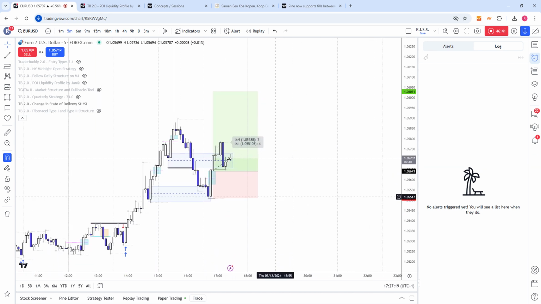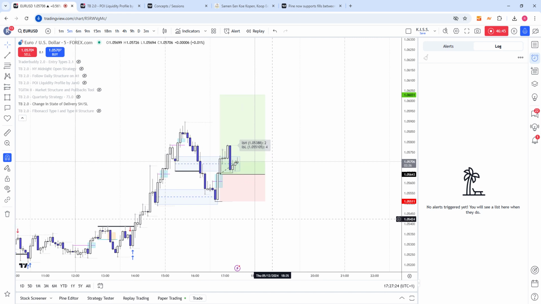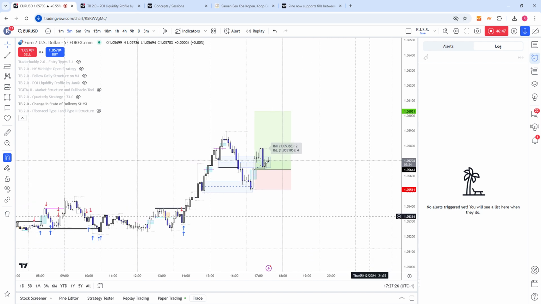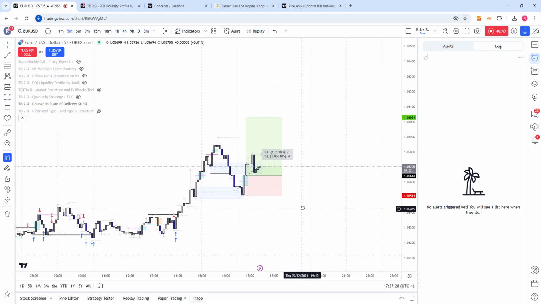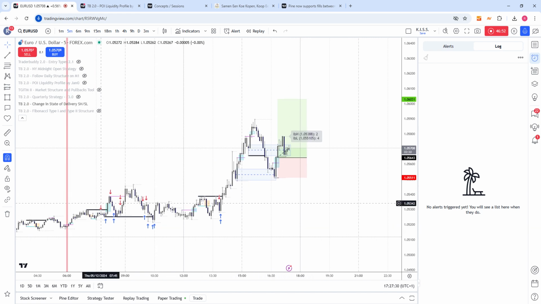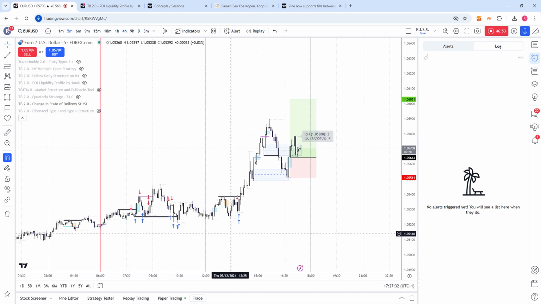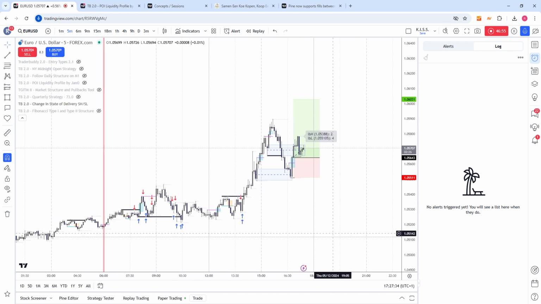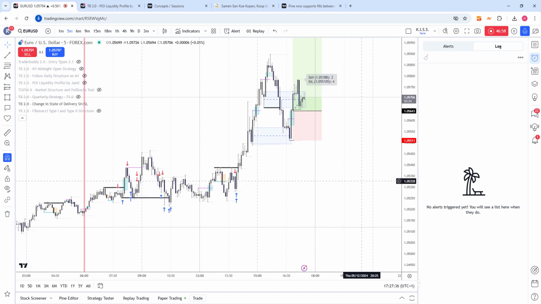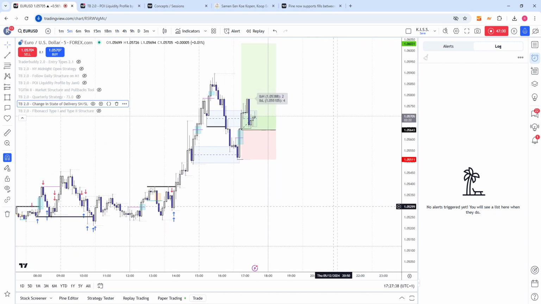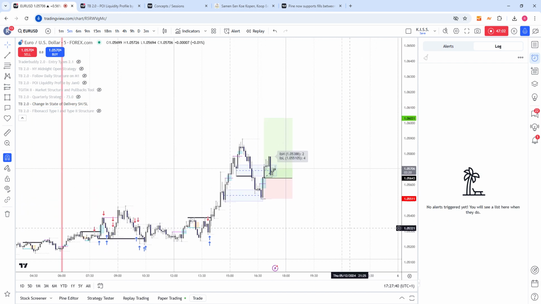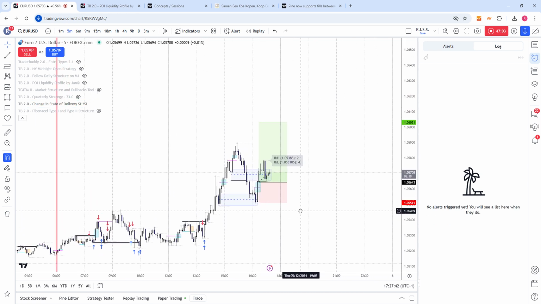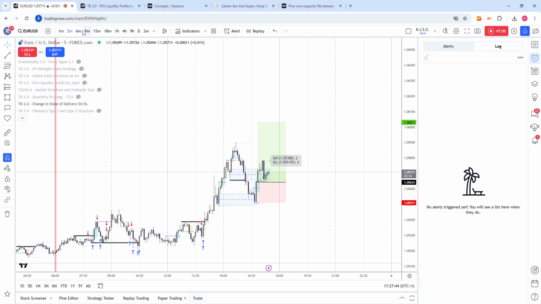But again, with only 30 minutes to go in the session, I'm not really interested in taking this, since we took some trades already today. But this is how you can build an idea for a setup.